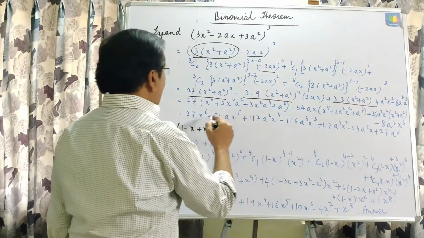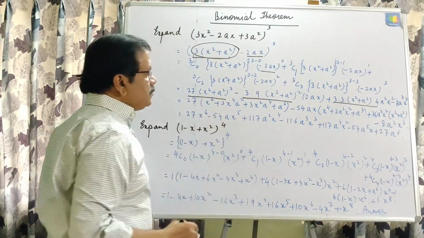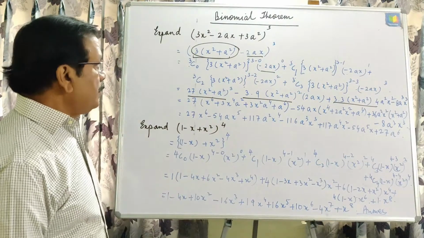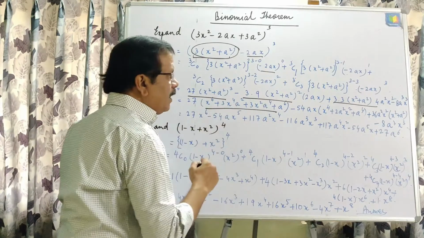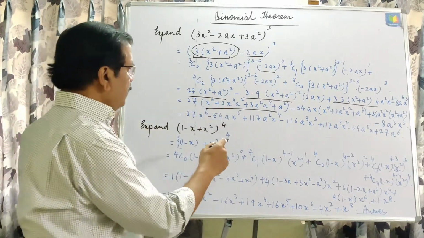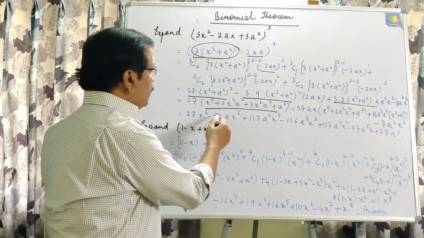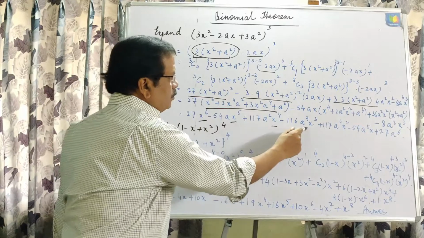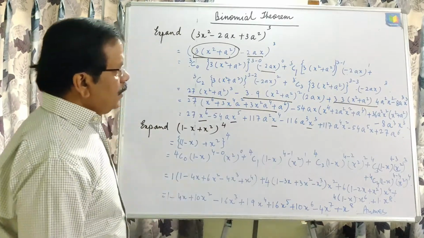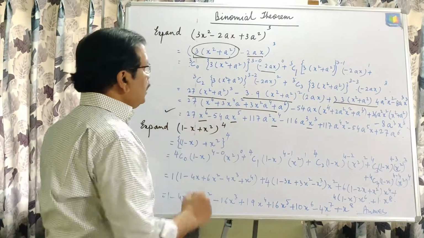Then after rearranging and opening this bracket (x^2 + a^2)^3, writing this expansion we are getting this value, and in the same way rearranging the terms in decreasing order: x^6, x^5, x^4, x^3, x^2, and x and the constant term, you are getting your answer.